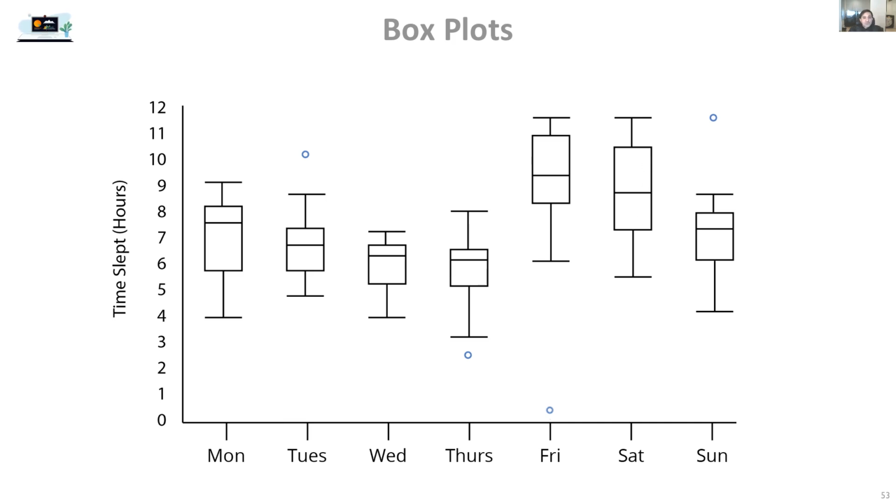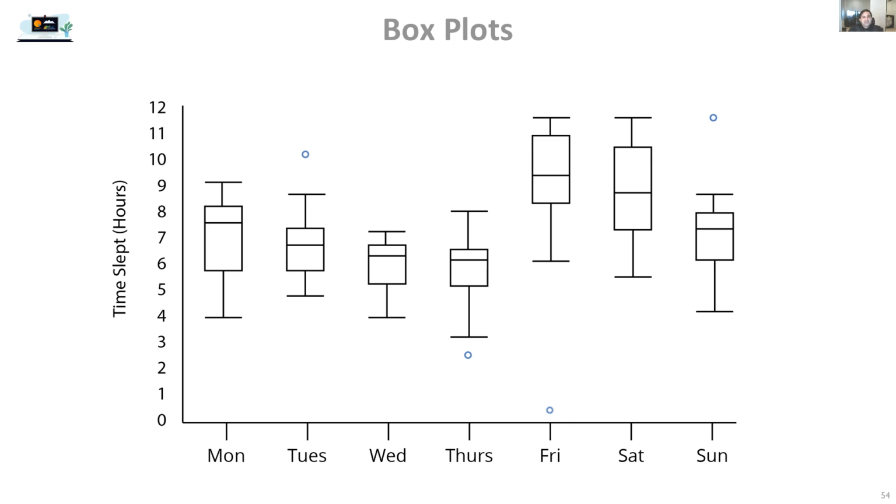For days without outliers, the whiskers represent the minimum and maximum values. We see that students have relatively diverse sleep patterns, with the narrowest total range being on Wednesday for about 3 hours. And we can make more observations and gain more insights from this box plot.